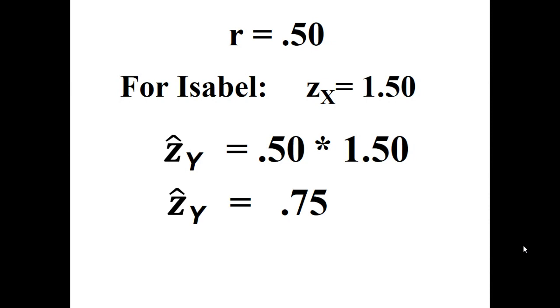It's Isabel's predicted z-score on the final. Isabel's predicted z-score on the final is 0.75. I told you that's easy. I mean, right now you might be a little confused because it's the first time you've seen it, but think how easy that was. You just took her z-score on the midterm, multiplied it times the correlation coefficient, and it gave you her z-score on the final.